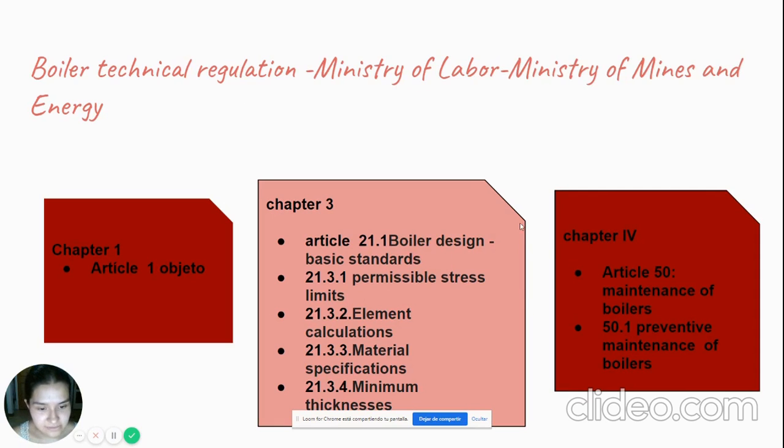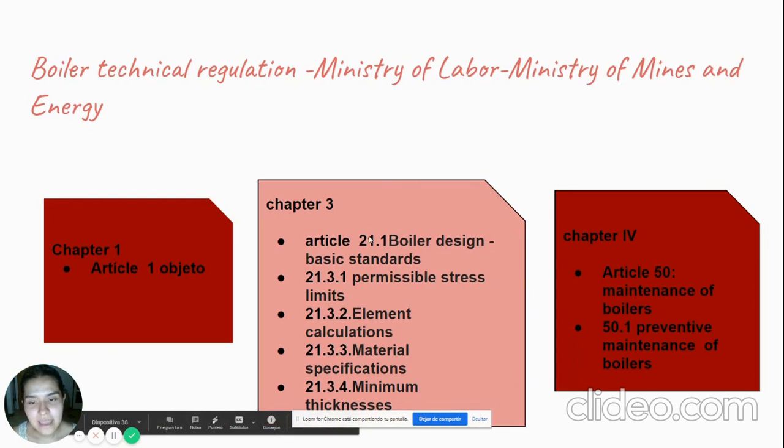In chapter 3, the name of this chapter is Basic Requirements of Design and Manufacture, Control Indication Devices, and Other Elements of Safety and Protection of the Boilers.